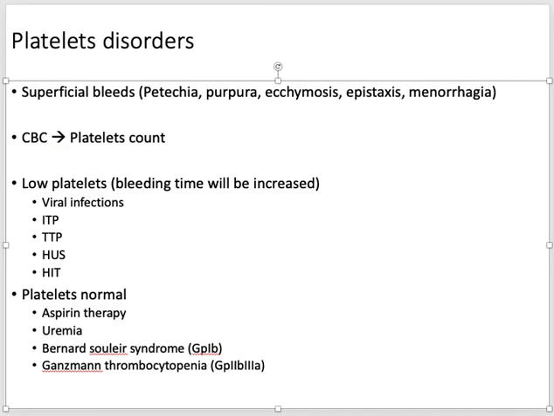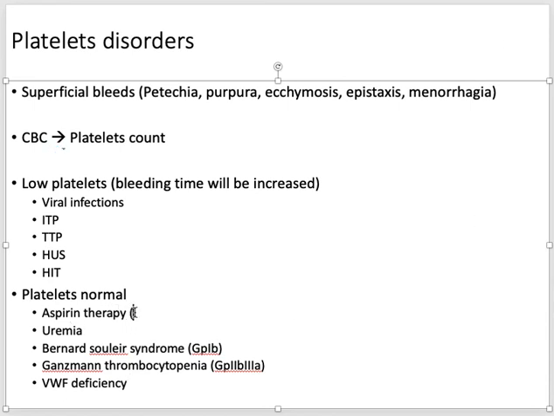They are not there. One more thing, for example, there is no Willebrand factor, or Willebrand factor deficiency. Many people have this thing.